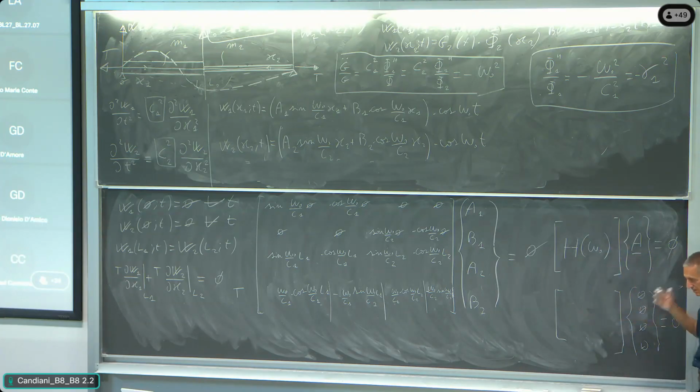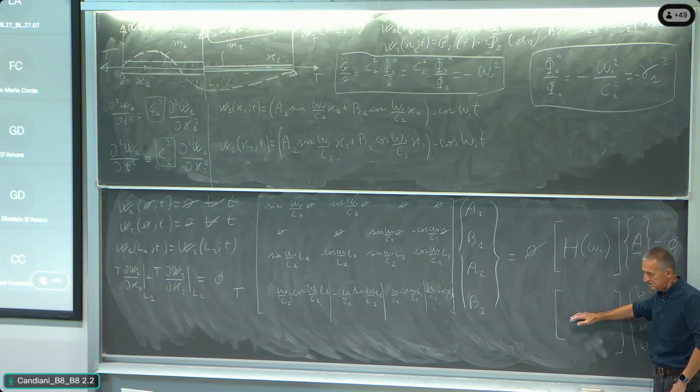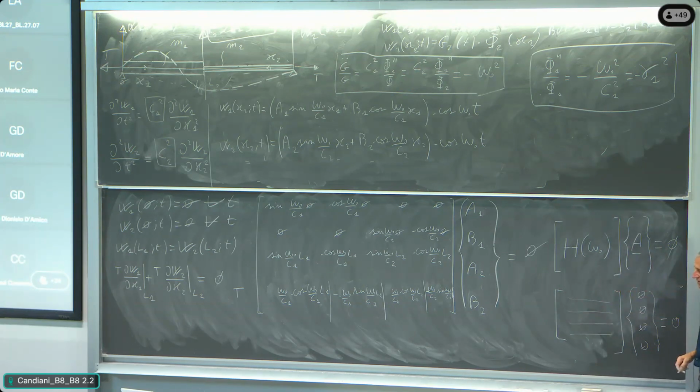What does it mean that the determinant of this matrix is null? It means that the order of this matrix is not 4, but it is 3. So it means that one of the 4 equations that we are writing here is linearly dependent on the others.